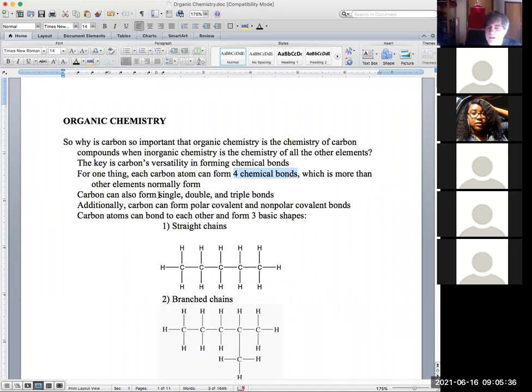Now, the other day we said when we look at chemical bonds, we can have single bonds where we just have 2 electrons involved. We can have double bonds where we have 4 electrons involved, or we can have triple bonds. And carbon can make single bonds, it can make double bonds, it can make triple bonds.